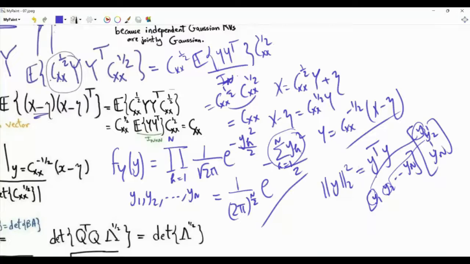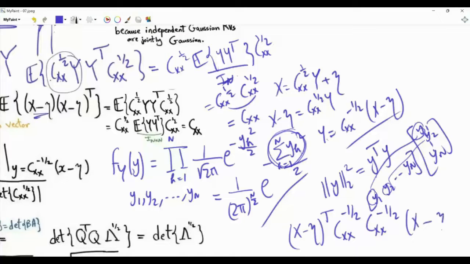If we do the change so that we have an expression in terms of our x random variables, then this term will be replaced by y transpose, so this will be x minus eta transpose. This is a symmetric matrix, so its transpose is itself. And then y gives us this expression here.